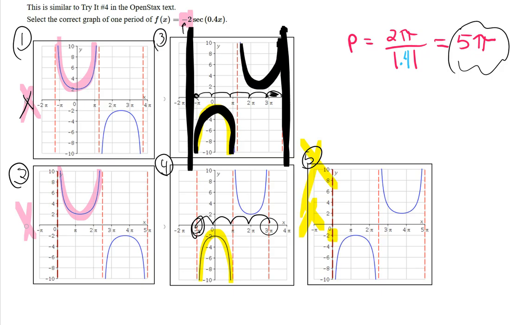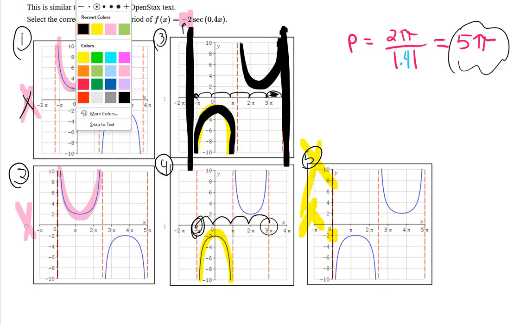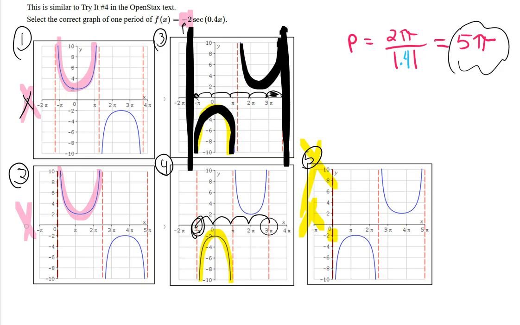You get 2 humps to make an entire period, because normally when you're doing the cosine function, you've got half the hump on this side and the other half on this side.